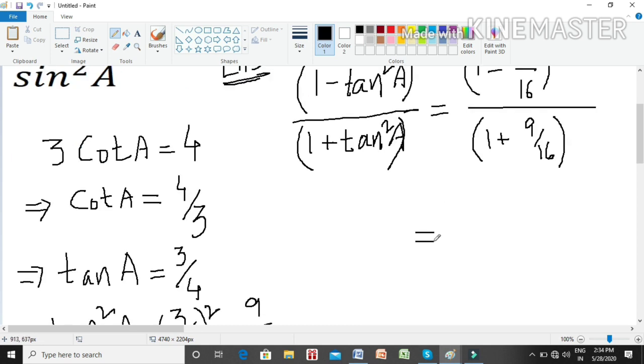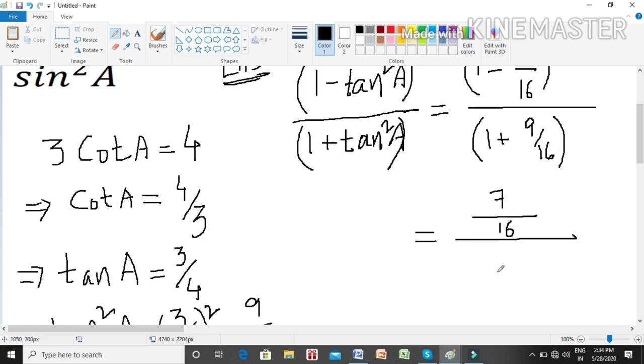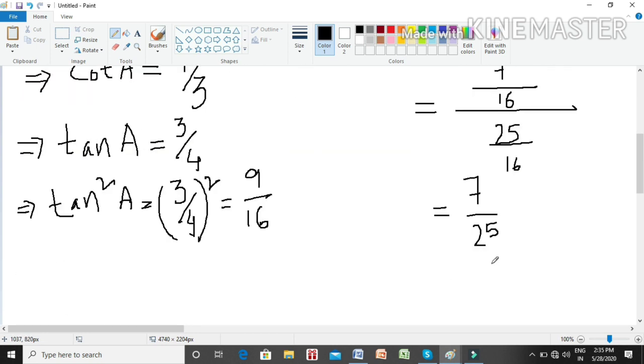So here the LCM will be 16, and here it will be 16 minus 9, which is 7, and here again it will be 16, and here it will be 16 plus 9, which is 25. So the answer to this one will be 7 by 25. That is the answer for the LHS.